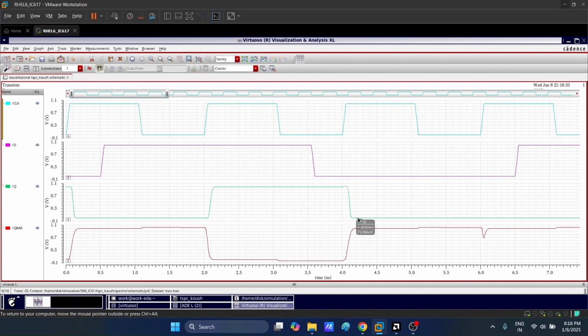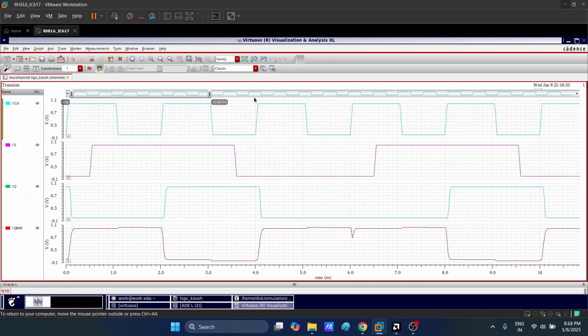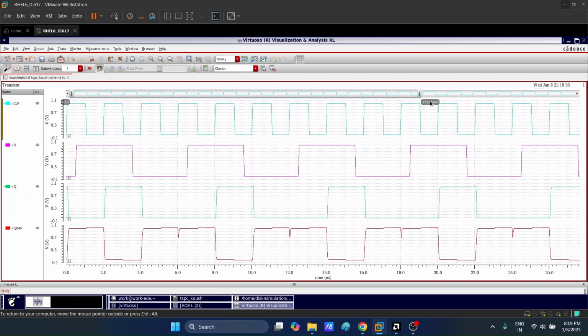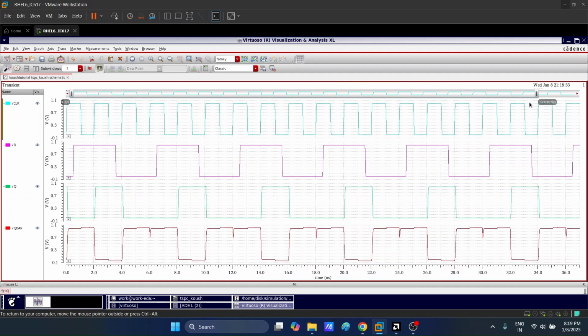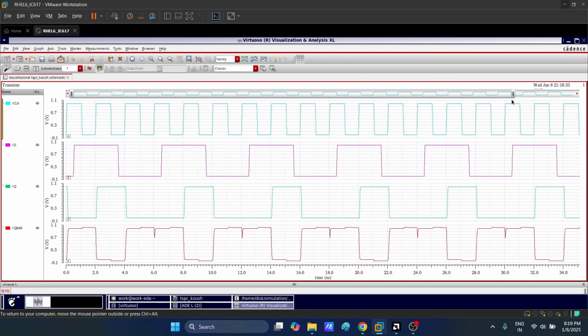So the Q output also goes to 0. Here when the clock goes to 1, the D input is 0. So the Q output is also 0. And obviously Q bar is the inverted version of Q output. So here we can see for the complete design, we have simulated the results.